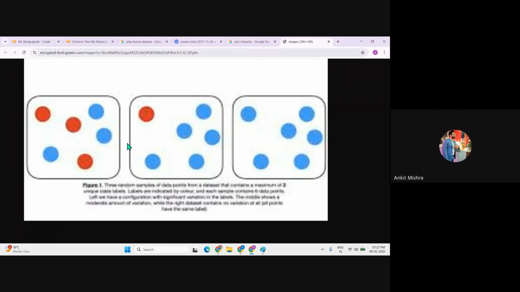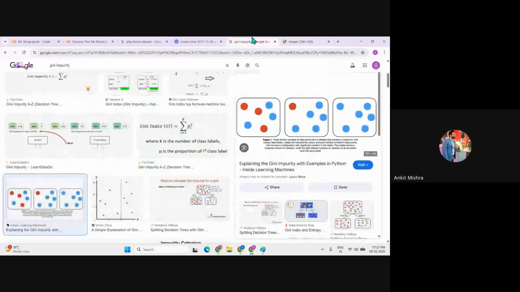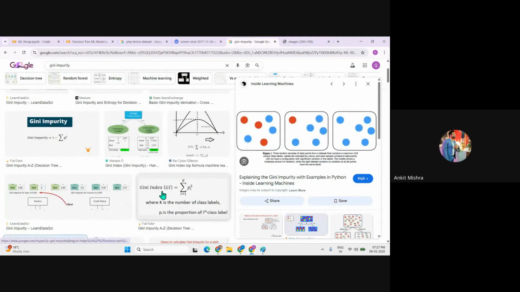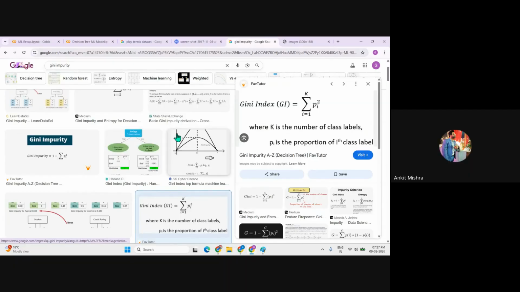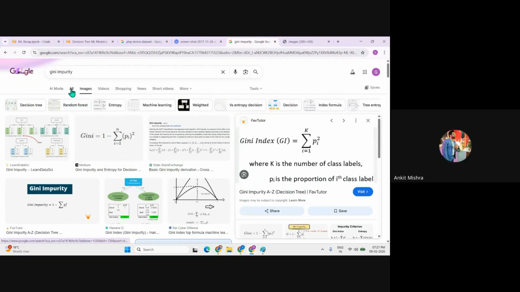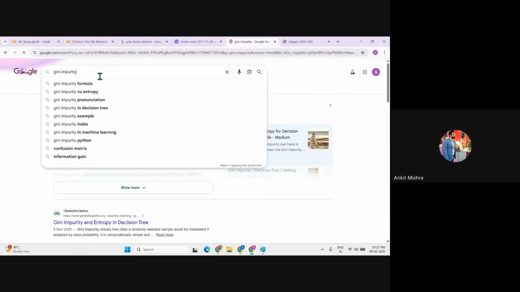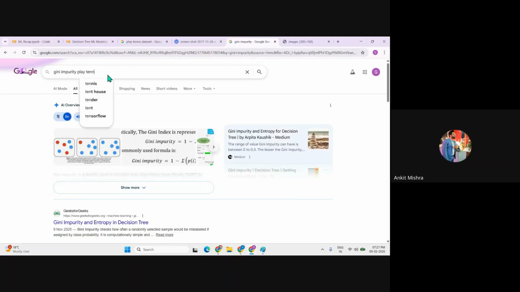Okay, now first of all, we need to understand how to convert this into the mathematical form, because this is the theoretical concept right now. So we have a formula for this, and generally we refer to this formula as the Gini index. Let me take an example of this: the Gini impurity play tennis formula.